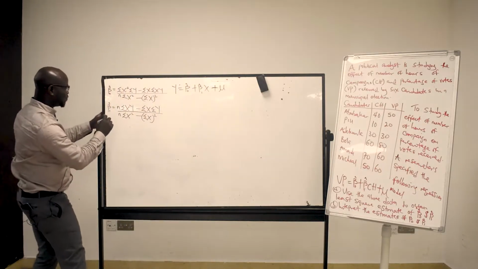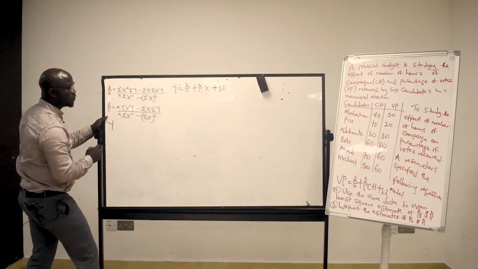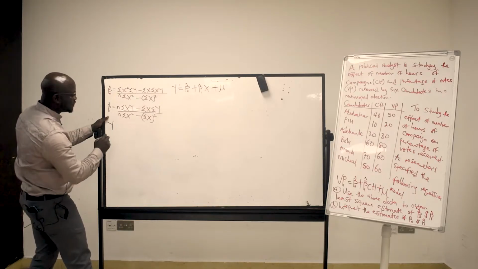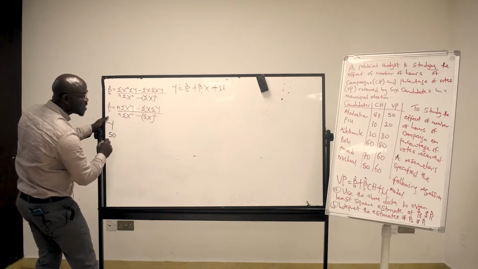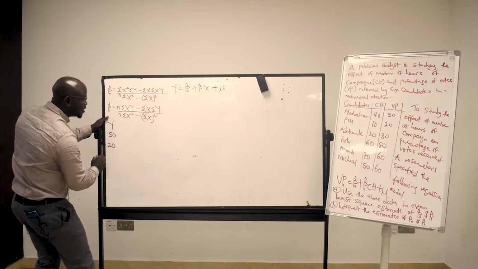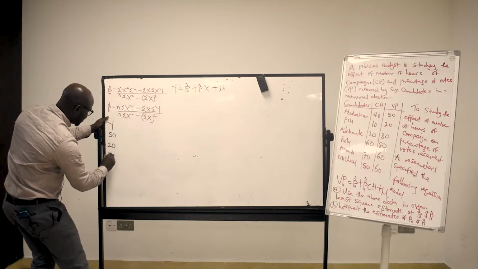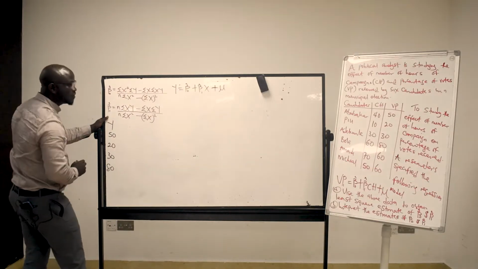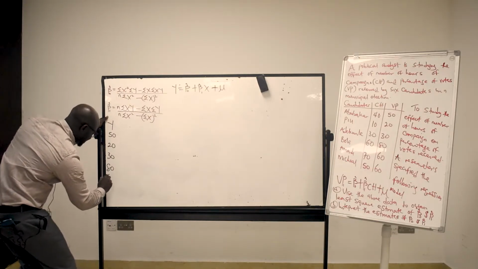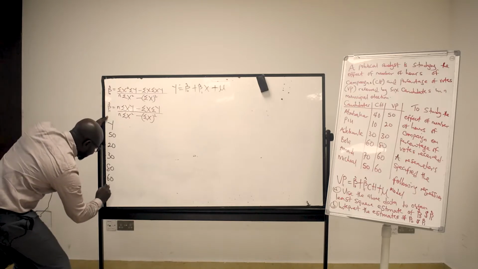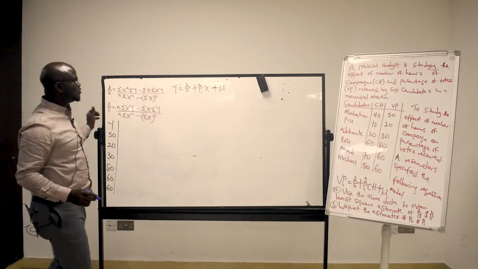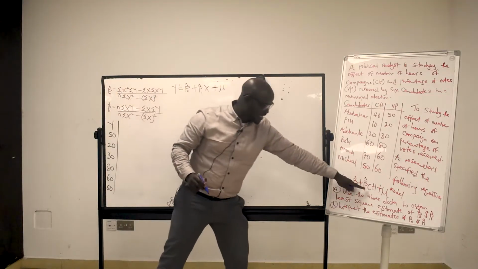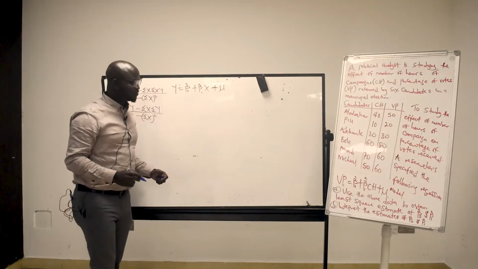So let's say we have y to be 50, 20, 30, 80, 60, and 60, right? Then we have the x to represent the hours of campaign, right?